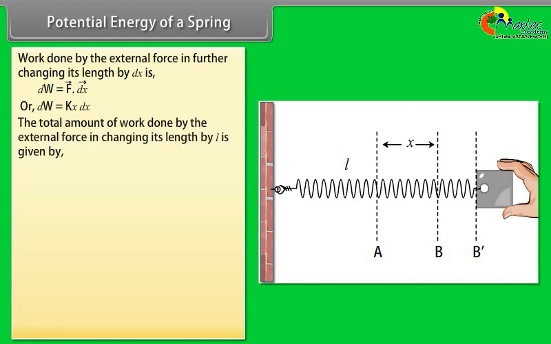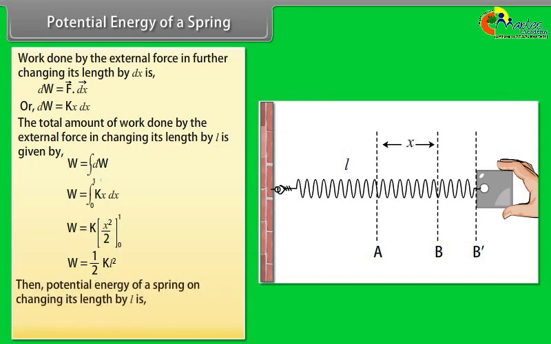Now, the total amount of work done by the external force in changing its length by L is given by W = ∫dW. By calculating it, we get W = ½kL². Then, the potential energy of a spring on changing its length by L is equal to W. Potential energy is equal to ½kL².